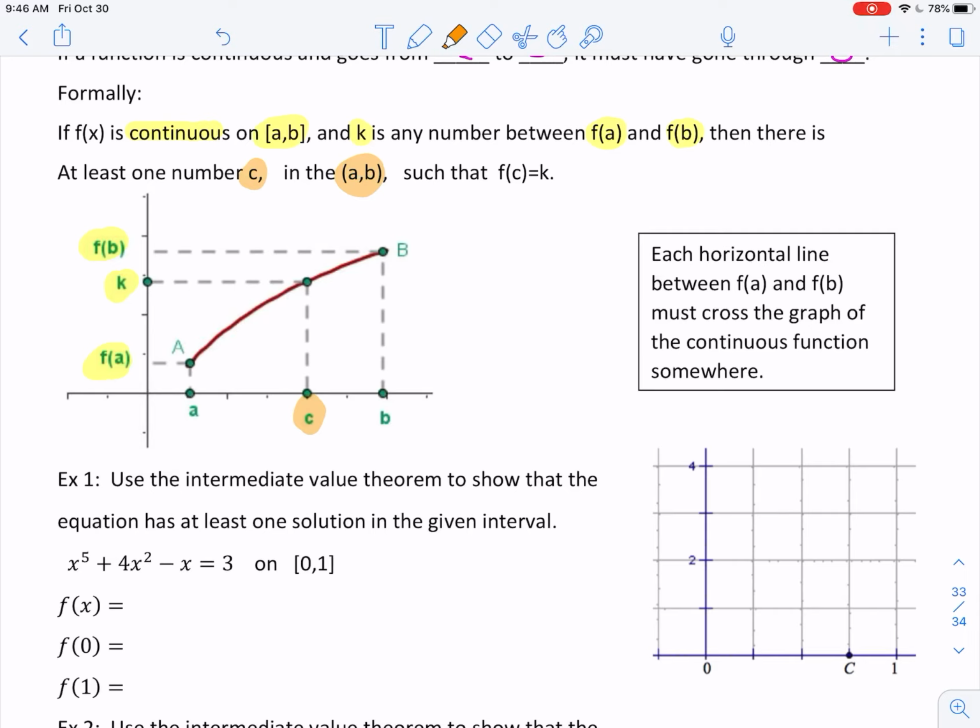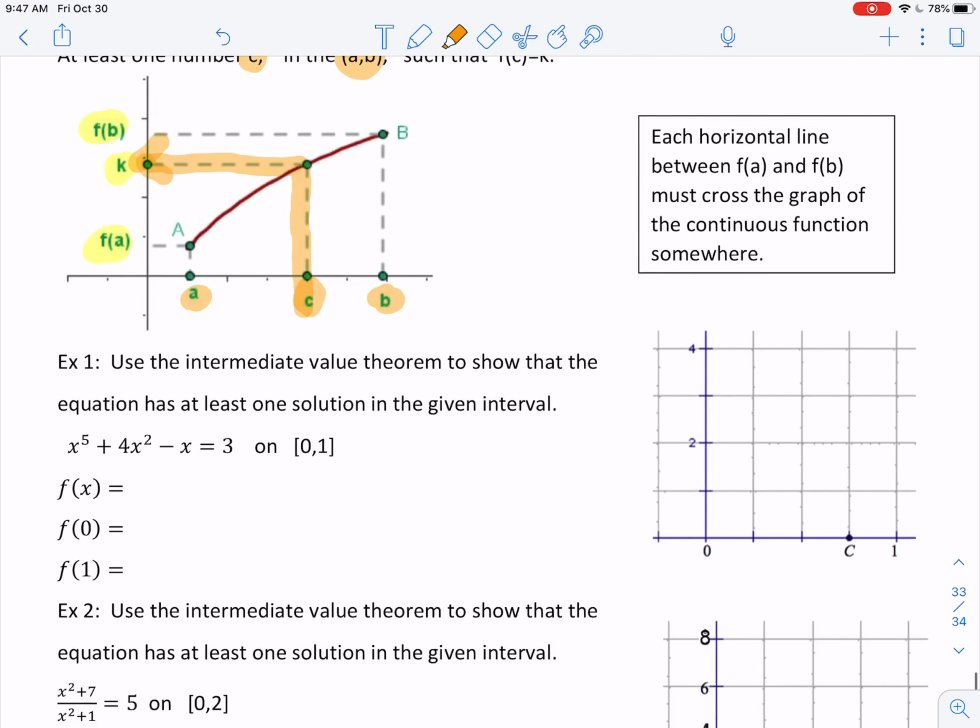Notice that the original interval was closed. This has to be open, which means it can't be the two endpoints. There has to be one number c between a and b where f of c is equal to k. I think it makes more sense when you look at the picture at the same time.